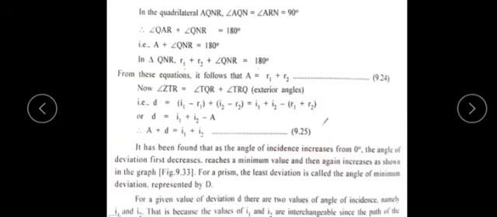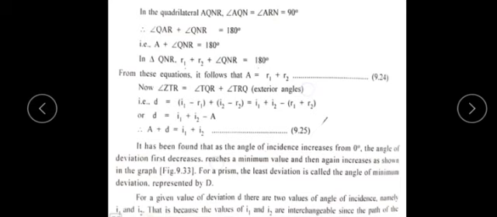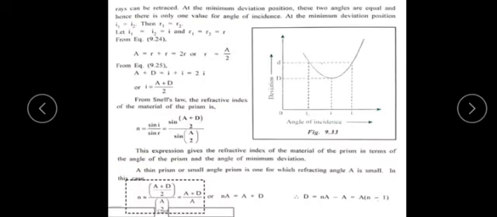9.25. It has been found that as the angle of incidence increases from 0 degrees, the angle of deviation first decreases, reaches a minimum value, and then increases again, as shown in the graph. See here, this is the graph: along the x-axis there is the angle of incidence, along the y-axis the angle of deviation.